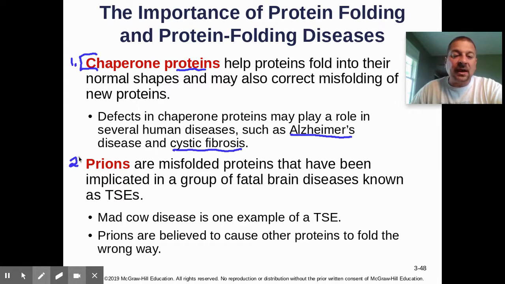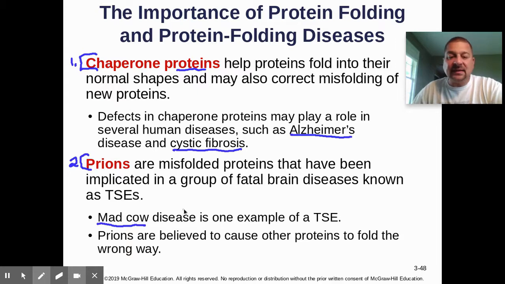The second one would be prions. The TSEs, the transmissible spongiform encephalopathies, are misfolded proteins causing brain disease, things like mad cow disease, as an example of a TSE. Prions are misfolded proteins, and they affect the folding of other similar proteins.